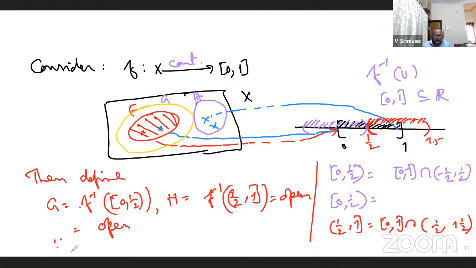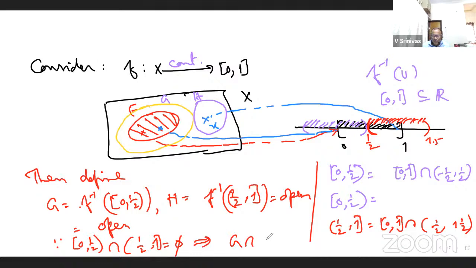So since this semi-open interval and this semi-open interval are disjoint, the intersection is empty, and since this is empty, this implies that G intersection H is empty. Okay, and further, you have that your capital F is mapped to singleton 0.